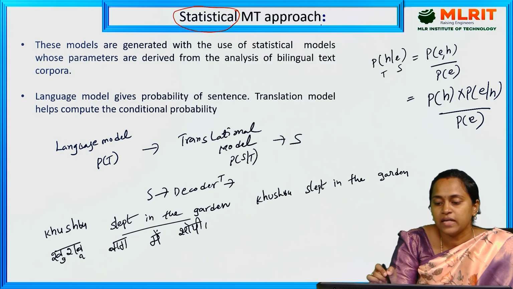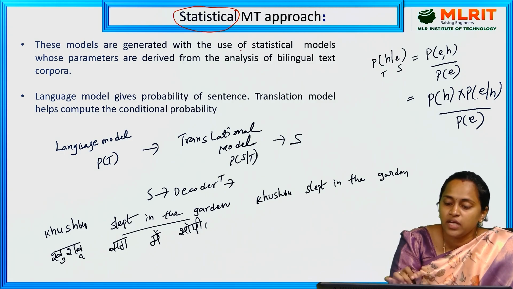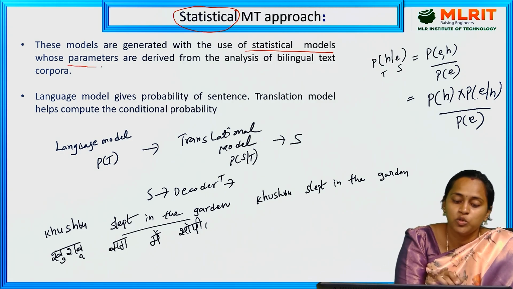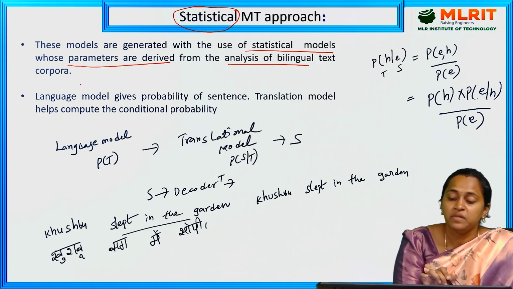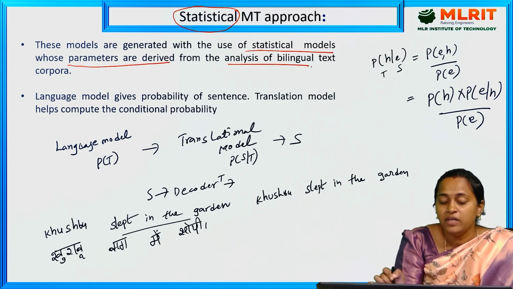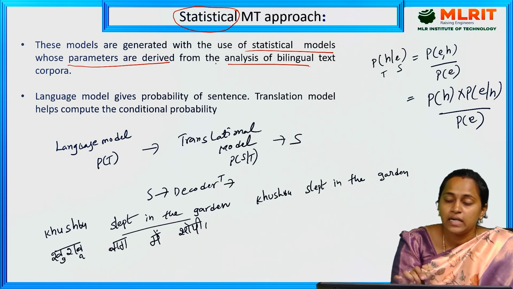The statistical machine translation approach uses statistical models whose parameters are derived from the analysis of bilingual text corpora. That means by using bilingual text corpora, we can generate the parameters of the statistical models.